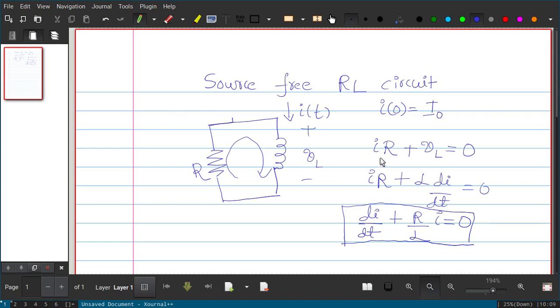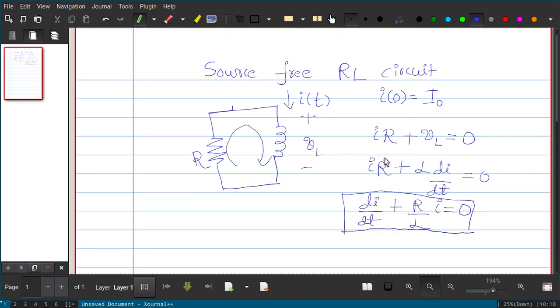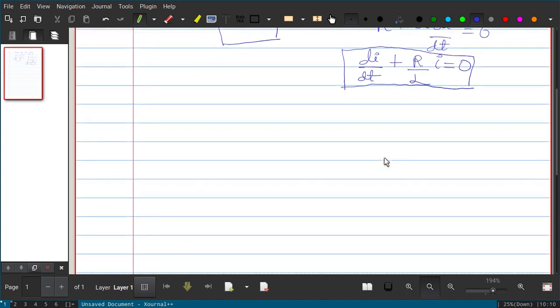So how can we solve this? There are many methods to solve this differential equation. Variable separation can also be used, but the easiest and most straightforward way is to assume a solution, substitute that into the equation, and then find the response.